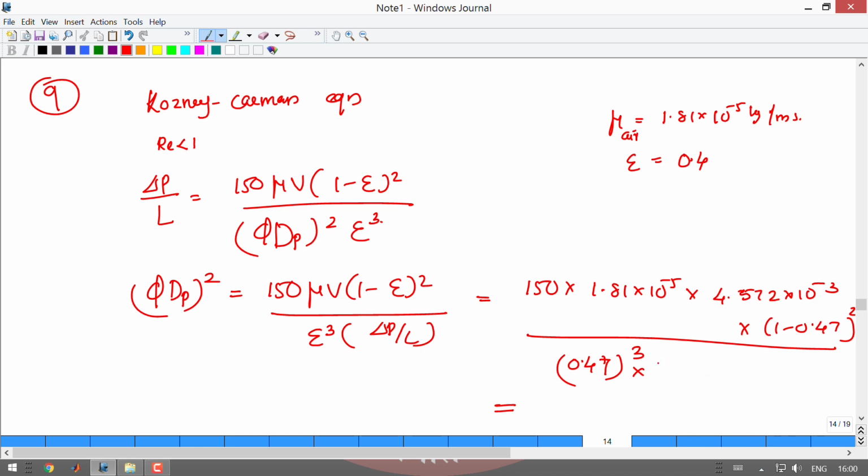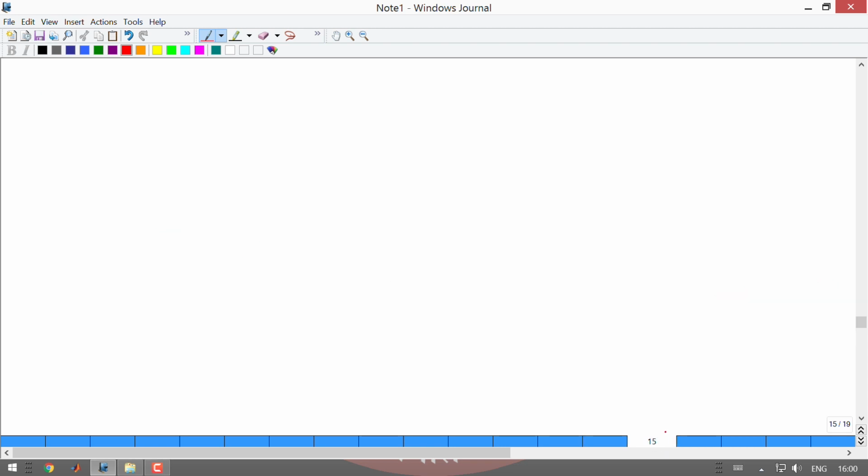So, I have to write delta P by L in SI unit, which is 1900130.709. After doing the calculation you will get this as 1.89 into 10 raised to minus 10. So, from this we have to calculate dP, which is the size of the particle.